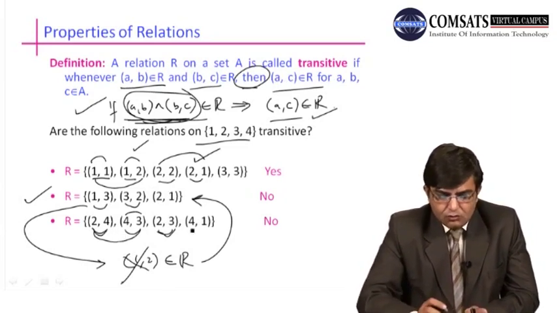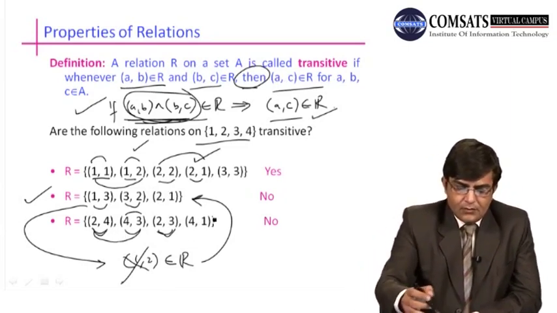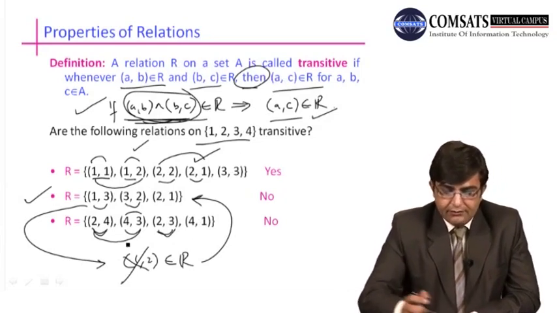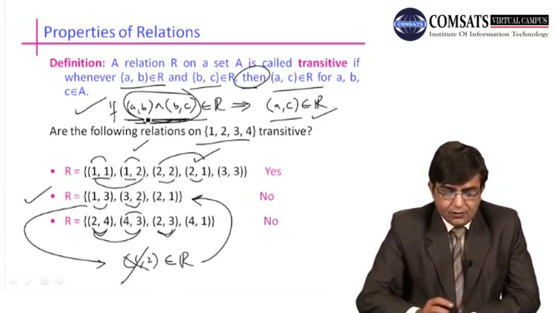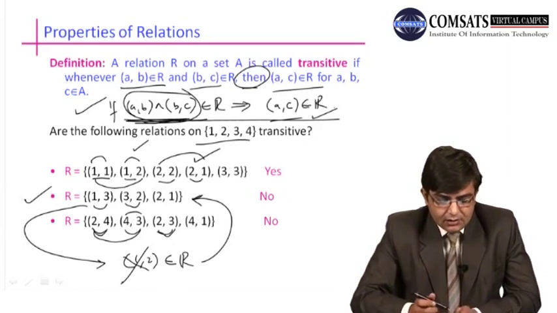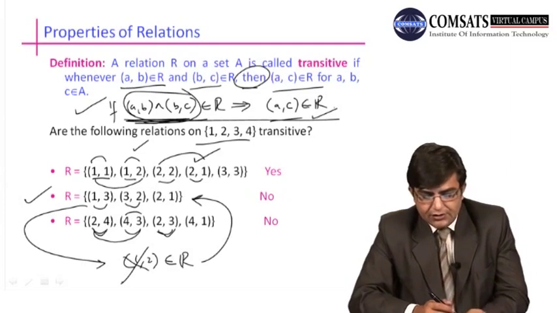So there are no two ordered pairs which violate these two conditions, therefore this relation must also be transitive, because 2 is related to 4, 4 is related to 3, 2 is related to 3.